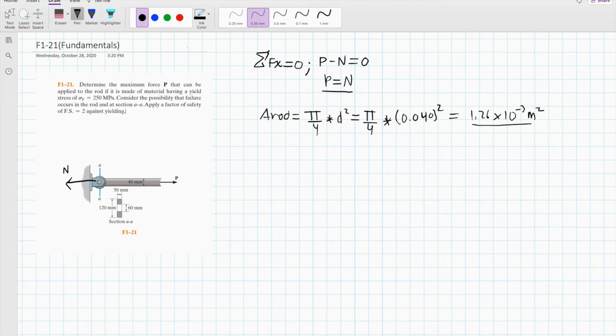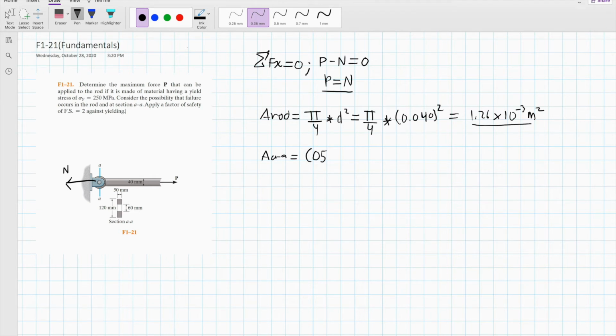Now we calculate the area of the cross section A-A. The cross section is given here below. We have a rectangular cross section, so for that reason we multiply base times height. We have a base of 50 millimeters. We convert it to meters.